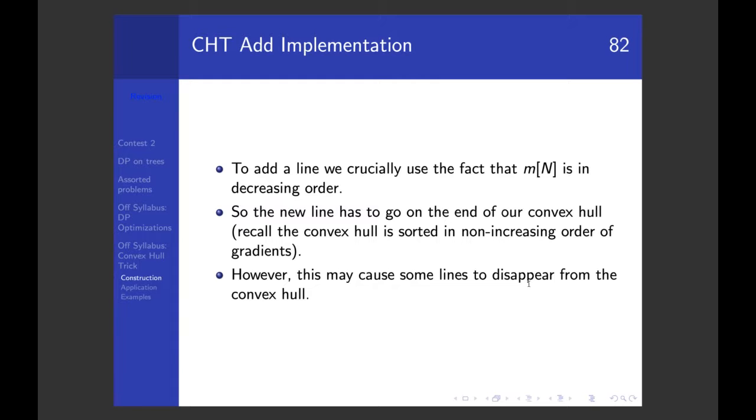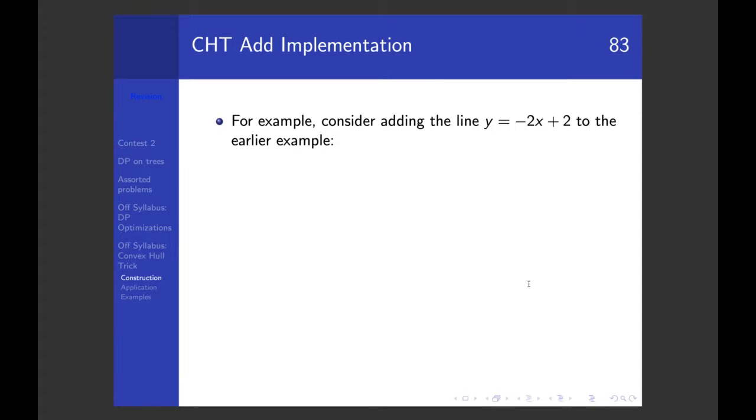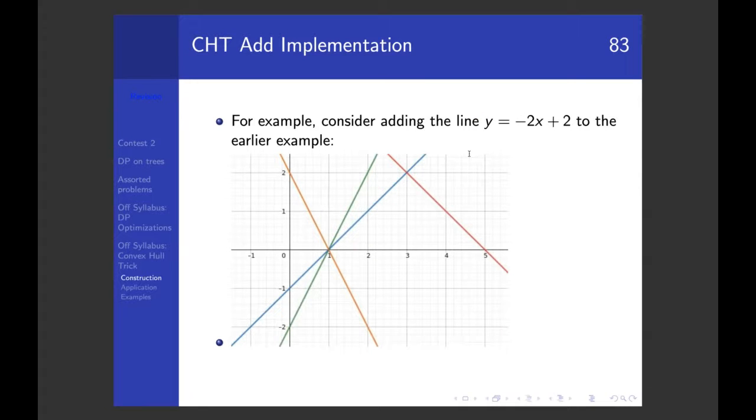However, this may cause some lines to disappear from the convex hull. As an example, let's say we add this line to our earlier example. So we're adding this orange line here. Remember, our old convex hull was these three lines here. But our new convex hull, in green, is this here.